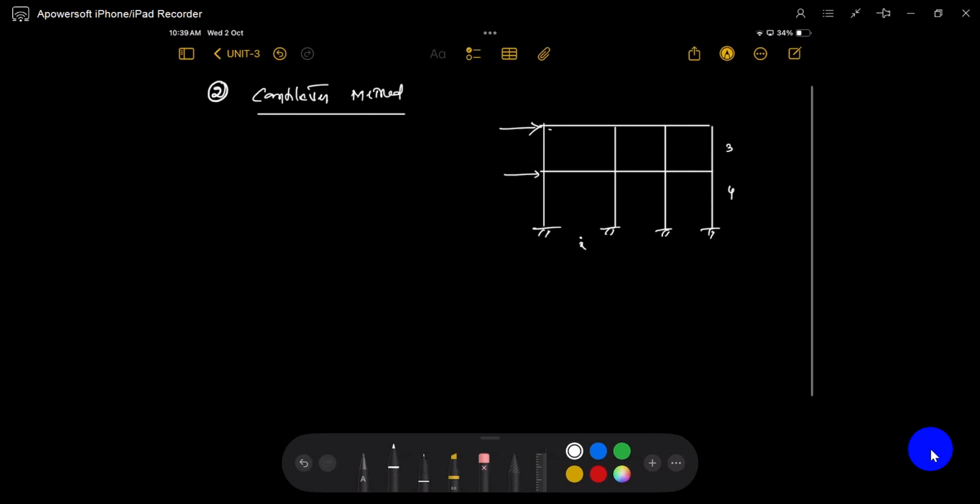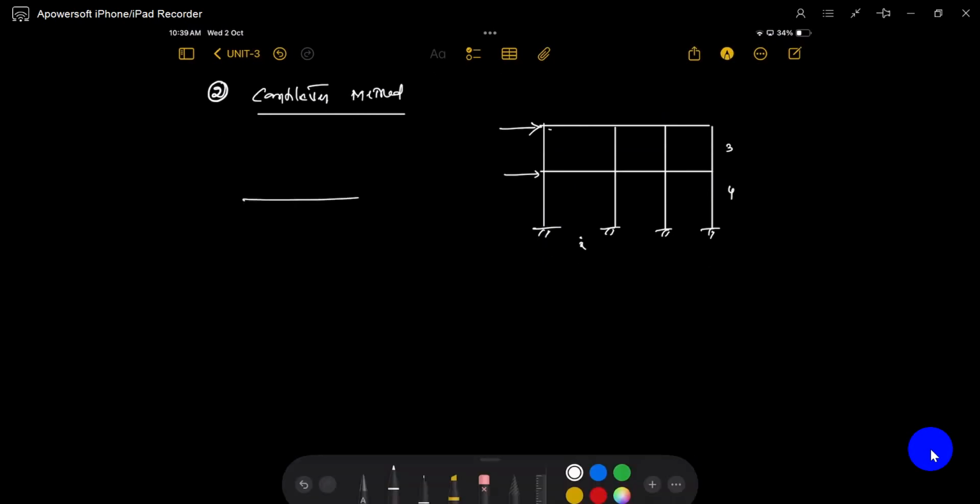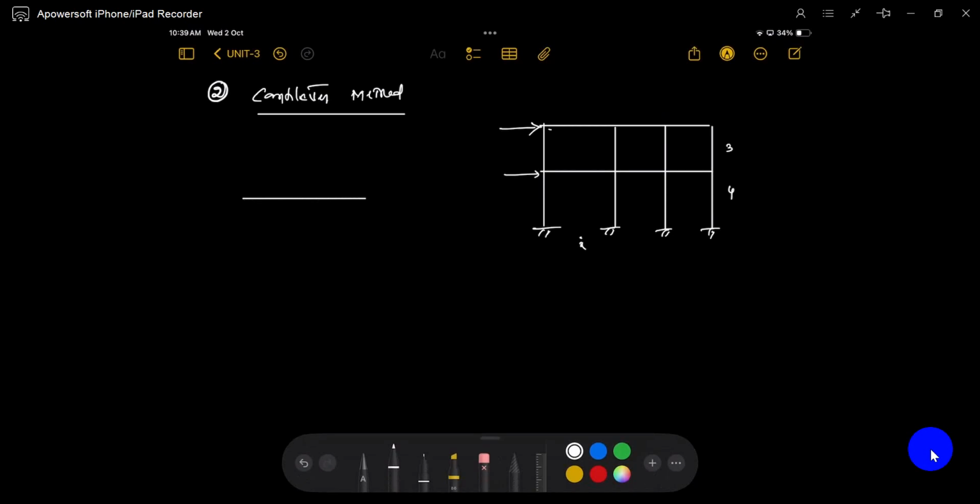Imagine, just imagine, we convert this frame by 90 degrees. How does it look?